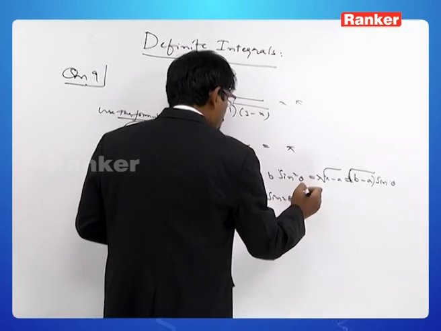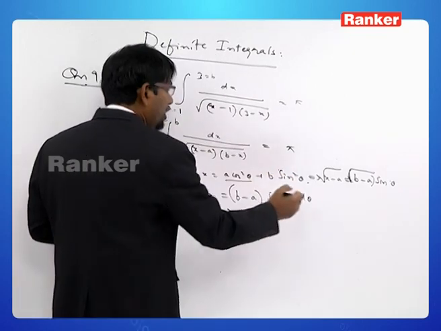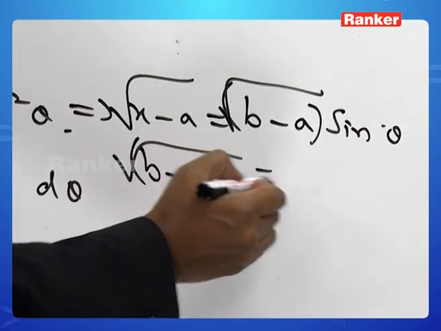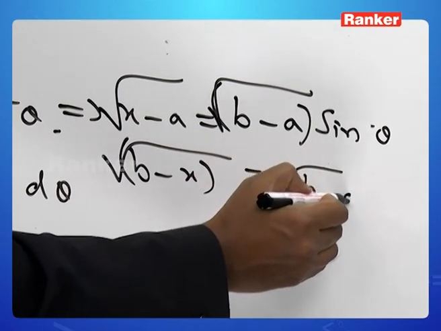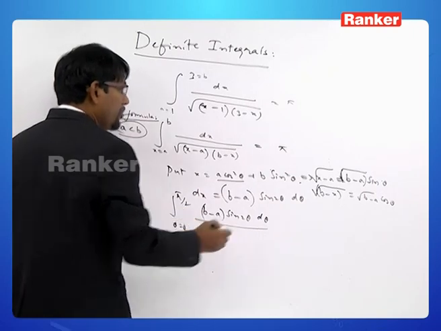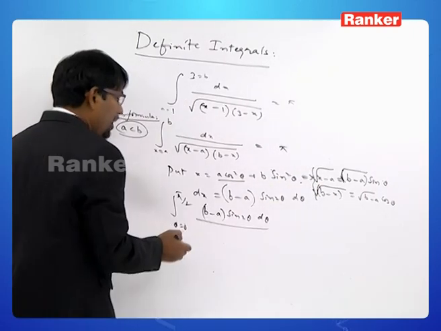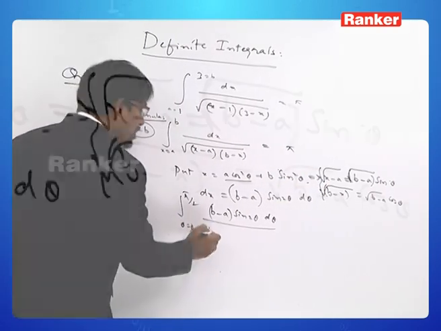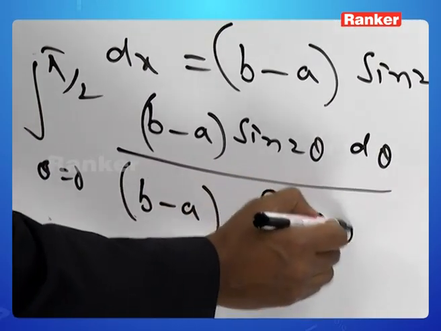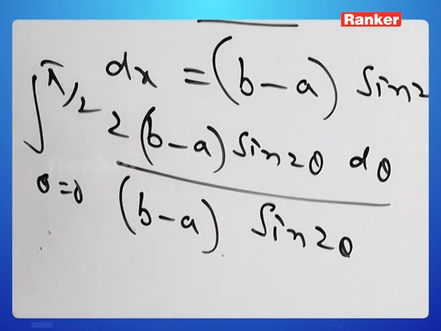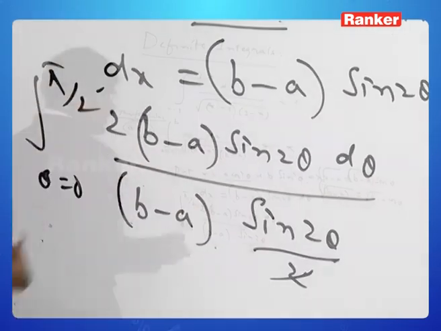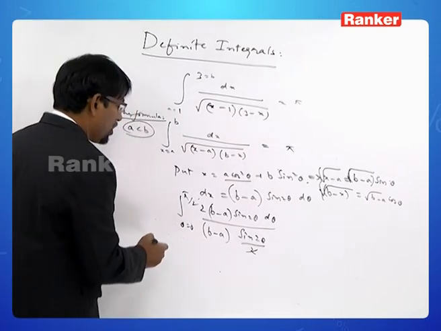Similarly, b minus x under root will become root b minus a into cos theta. So we can substitute that and we get b minus a into sin theta cos theta, that is sin 2 theta by 2. So sin 2 theta by 2 was there, so I cancelled it and put it here. So what do we have now?